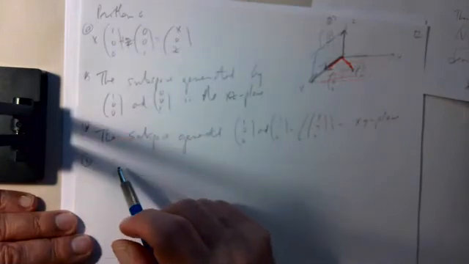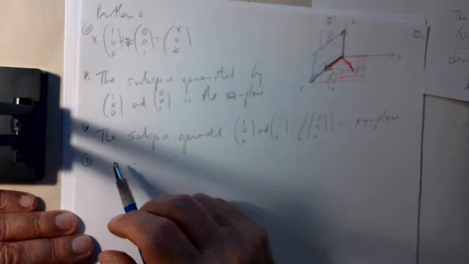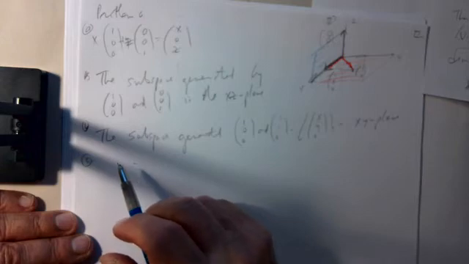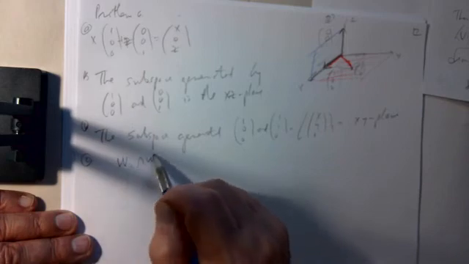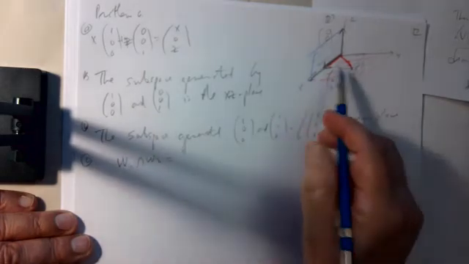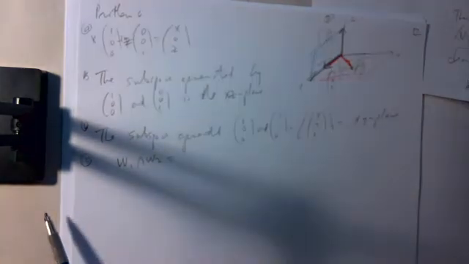What is the intersection? Oh, sorry, there's a mistake in this. But the intersection, W1 intersect W2, where does the xz plane and the xy plane intersect?